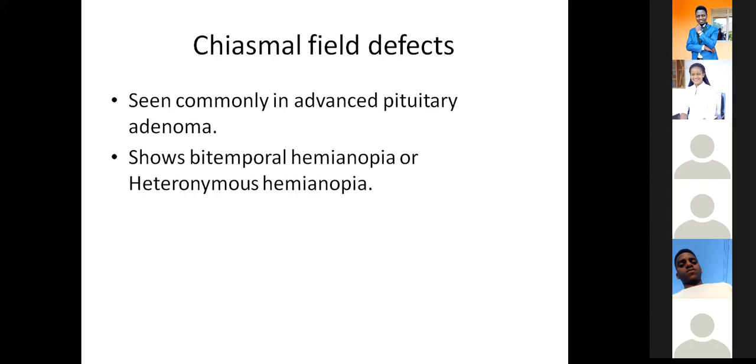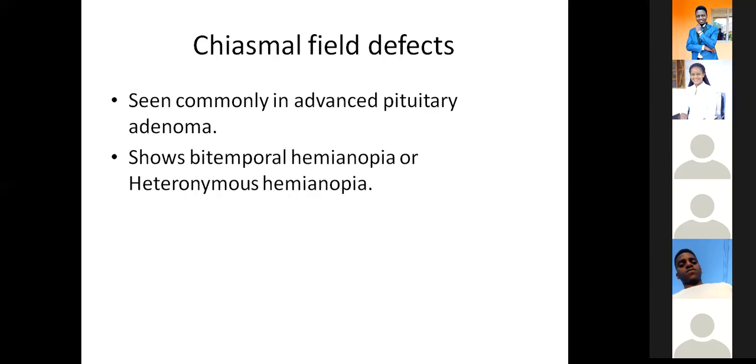The reverse is true also for the left nasal fibers. The left nasal retinal fibers remain nasal within the left optic nerve, cross over in the chiasma, and join the right optic tract. And when they're in the right optic tract, they also remain nasal within the optic tract.